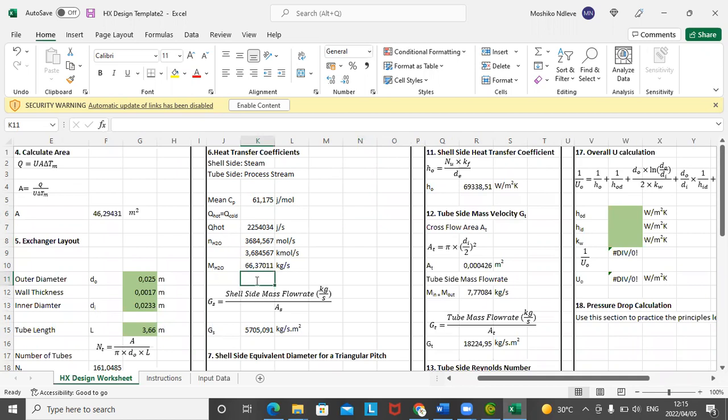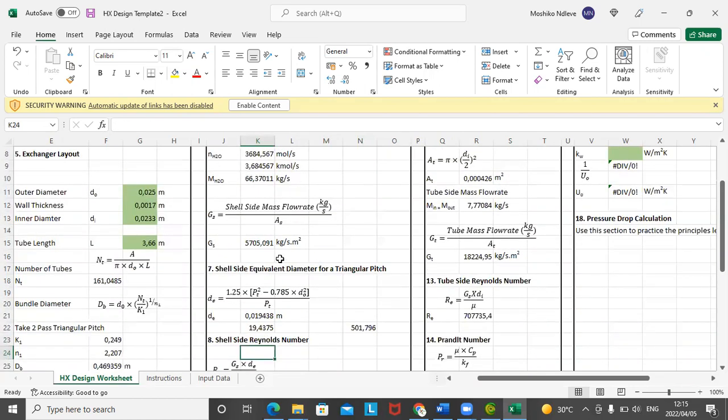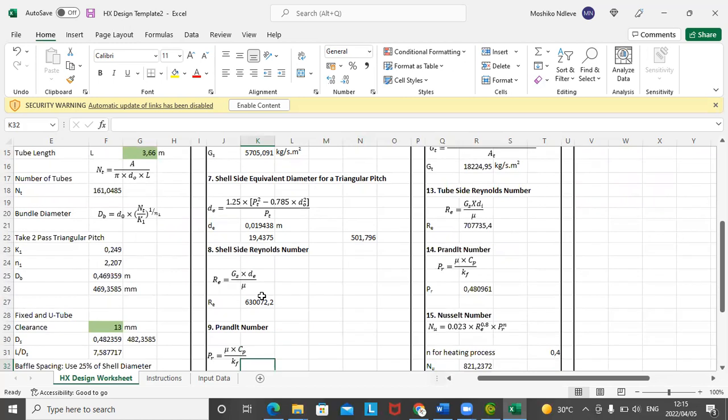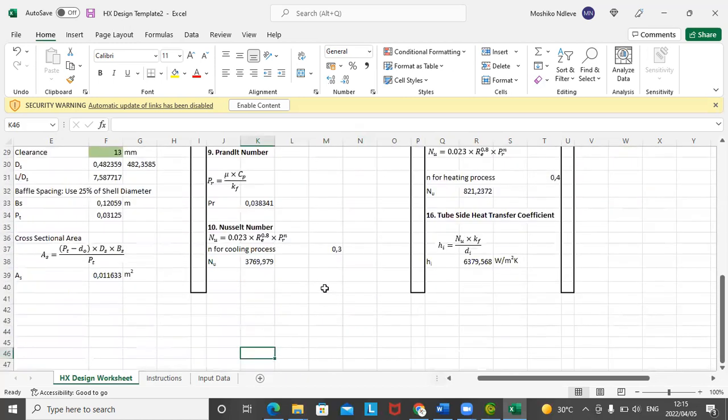Therefore, you're going to be able to calculate the amount of water you need for that kind of cooling, which is 66.37 kg per second. This will give you the mass velocity of your shell stream. From that, you'll be able to calculate your shell equivalent diameters, which will give you the Reynolds number, Prandtl number, and finally the Nusselt number.